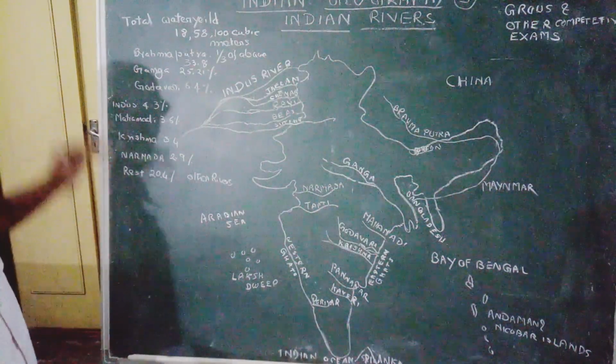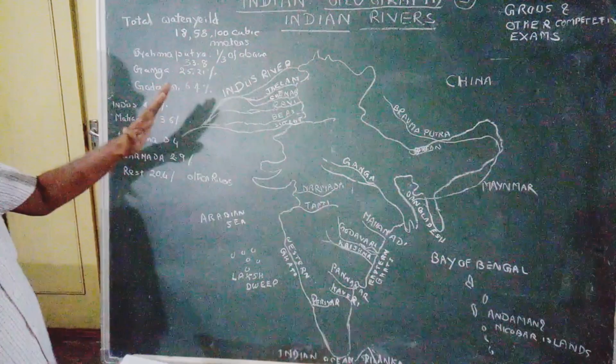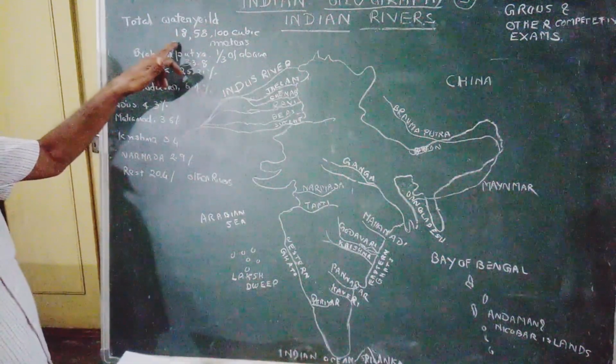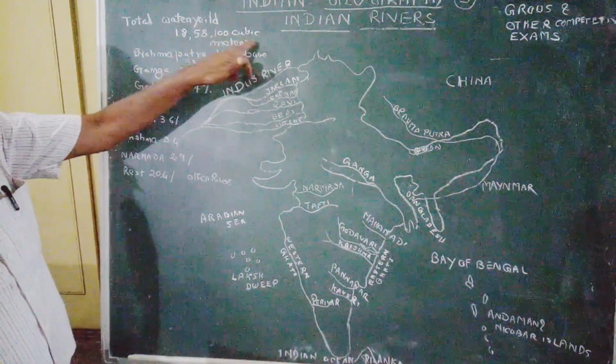Therefore, the total contribution of all the rivers is 18 lakhs 58,100 cubic meters.